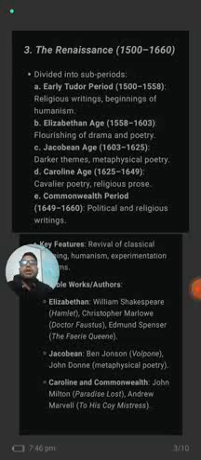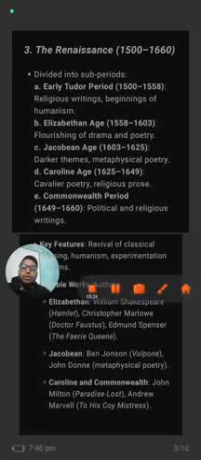First we'll talk about the early Tudor period. The early Tudor period's timeline is 1500 to 1558.